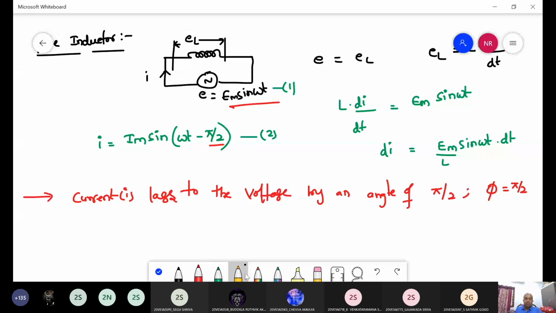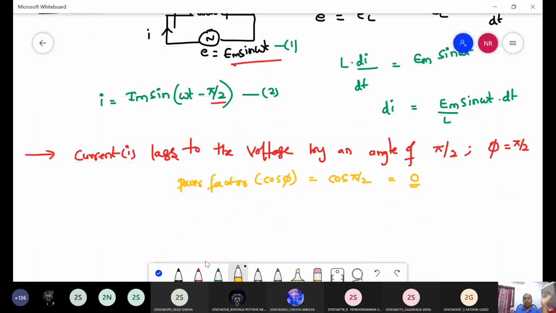Then coming to the power factor. What is the power factor? Power factor is cos phi, which is cos 90, right, cos pi by 2. Cos pi by 2 is how much? 0. Very, very good. Excellent. So then coming to the standard formula, power P is equal to, what is the standard formula?